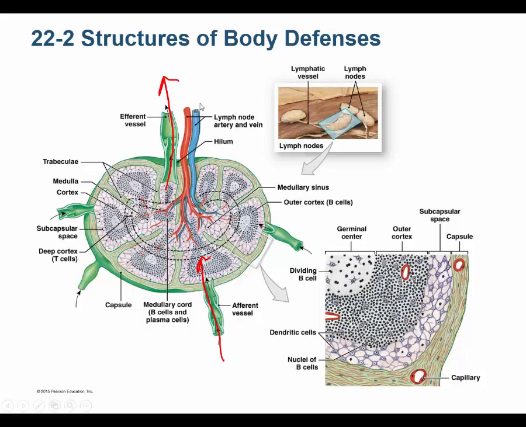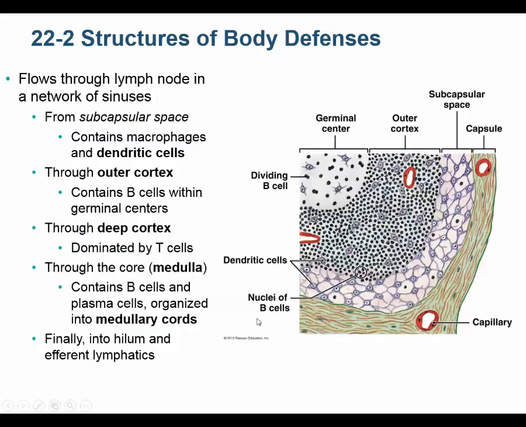Don't spend too much time on the histology of lymph nodes. This is more about the histology of lymph nodes. The only time that you're going to really delve deep into the ultrastructure of these is if you become an oncology expert, because the lymphomas, of course, this is their breeding ground.